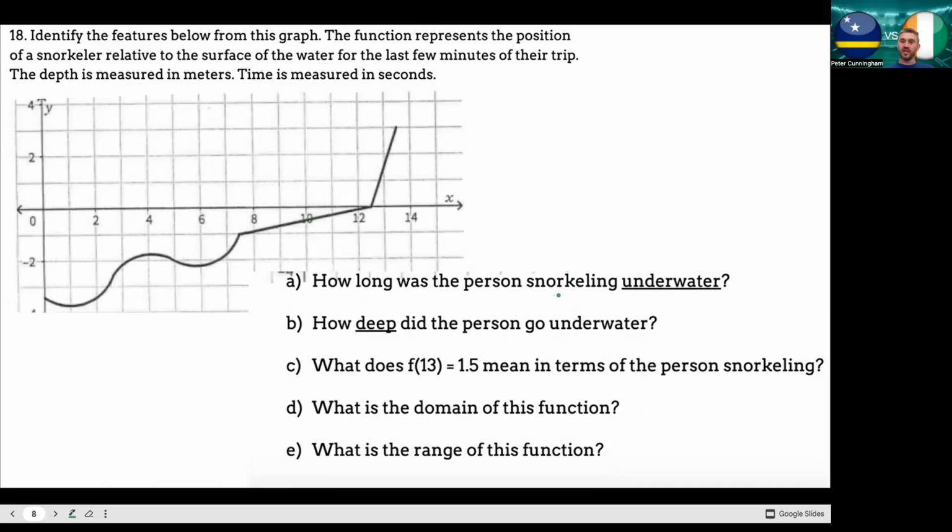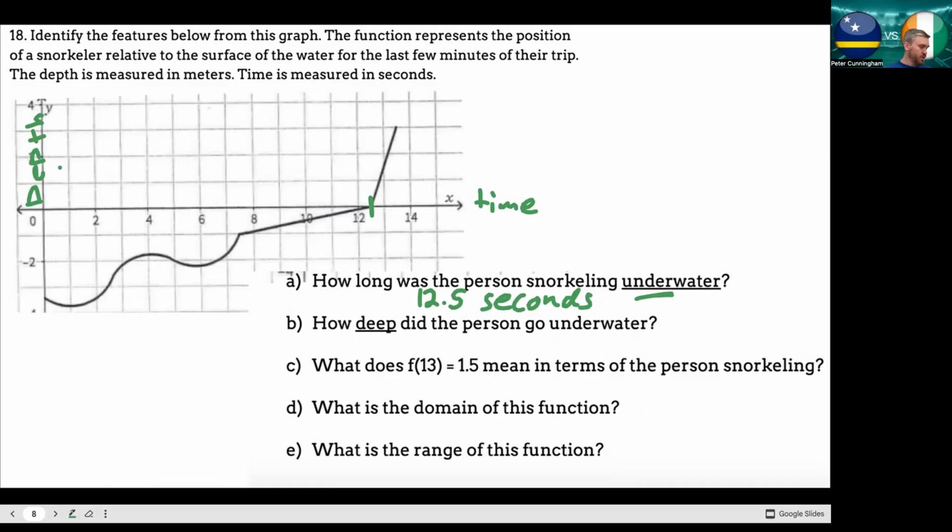So how long were they snorkeling? Pay attention here, underwater. That's how long were they in the negative range? For 12.5 seconds. How deep did the person go underwater? Okay, so just to be clear here, we should be looking at time on the x-axis and depth on the y-axis, and we're measuring it in meters, I believe.